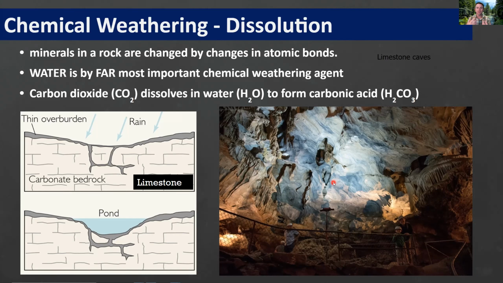But over thousands of years, the carbon dioxide dissolves in the water, and then when it goes into this carbonate bedrock like limestone or marble, it has a reaction, and that carbonic acid dissolves away the limestone, and over time will create these big caverns underneath, which is pretty cool. We took my wife there for Mother's Day a few years ago. It's pretty awesome.